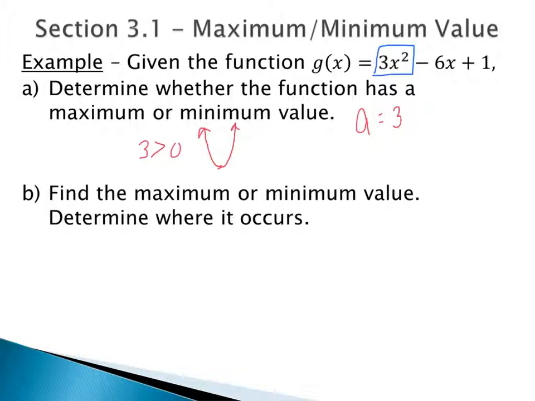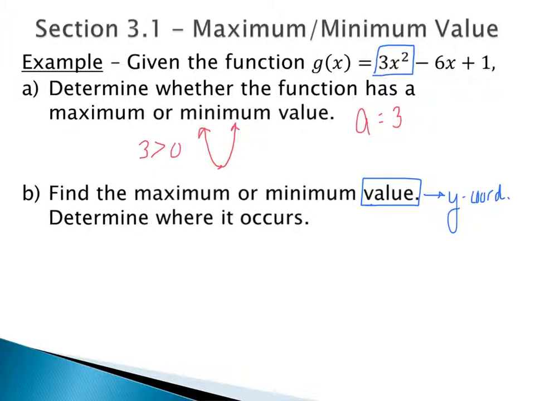So then for part B, we want to actually find what that minimum value is, and we want to determine where it occurs. The important piece here is that whenever we see that word value, it's always talking about the y-coordinate. It doesn't want the x. The x would be where it occurs, but whenever it says the actual value, it wants the y-coordinate or the function value.